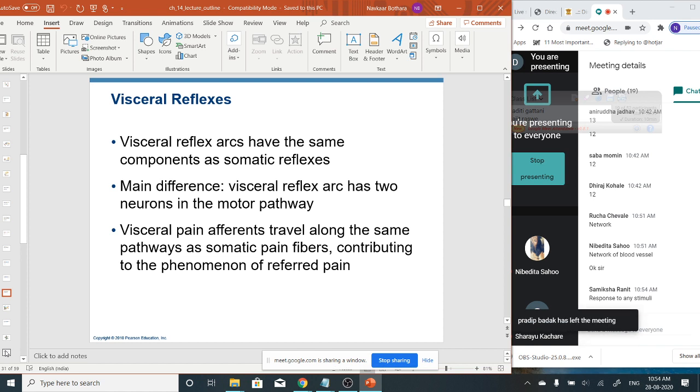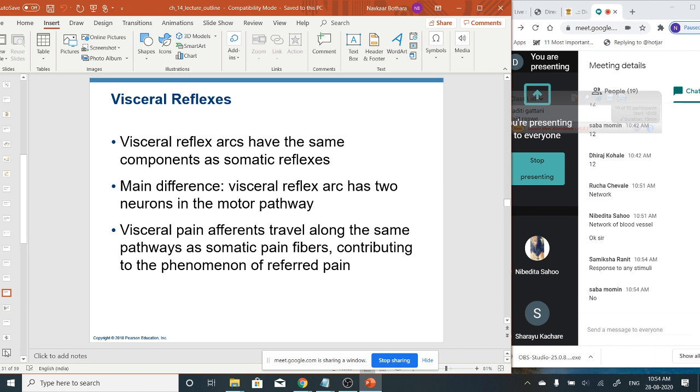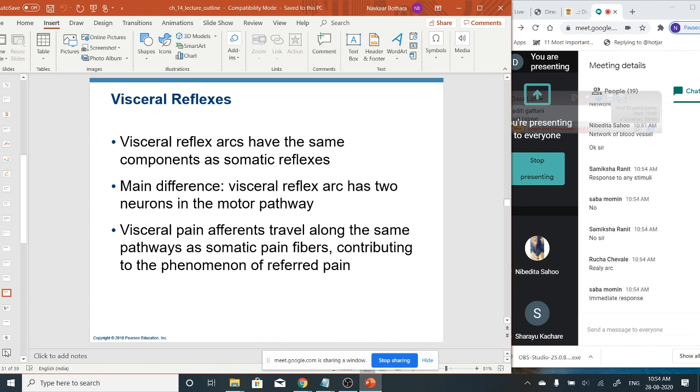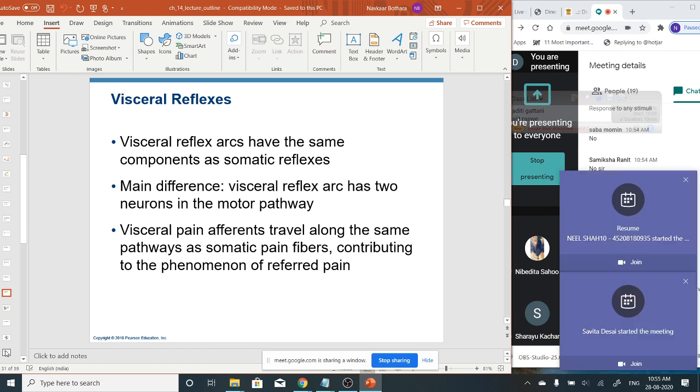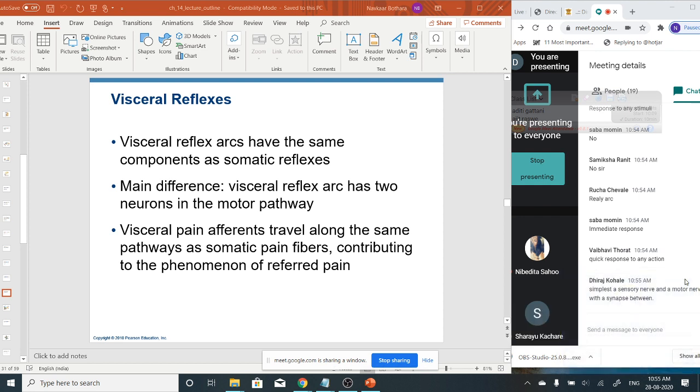Okay, but it is not just a response. It is an immediate response to any stimulus, and it is the simplest.